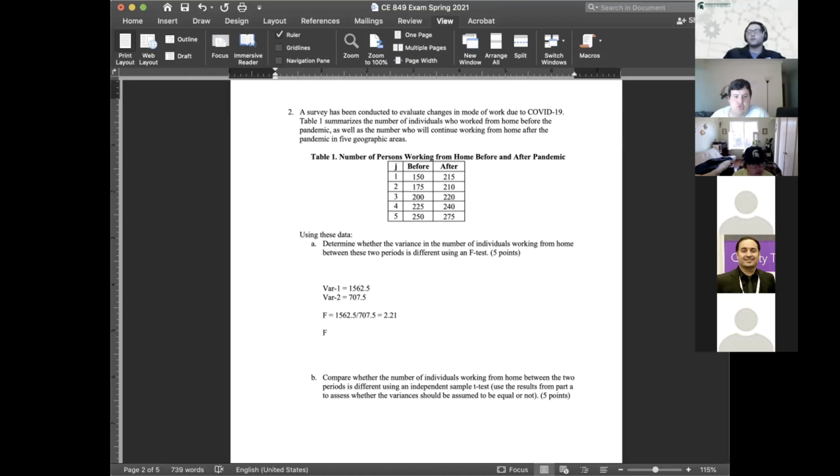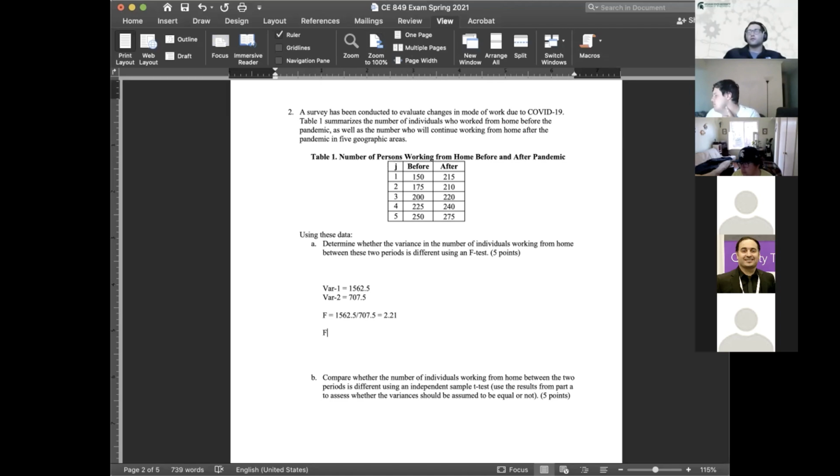Anybody? Two-sided. Oh, what did you say, Nishal? Two-sided. Right, it's two-sided, because it's arbitrary which way we set it up, whether it's the variance of sample 1 over sample 2 or vice versa. So we'd obviously want to reject if we're in either extreme of that distribution.